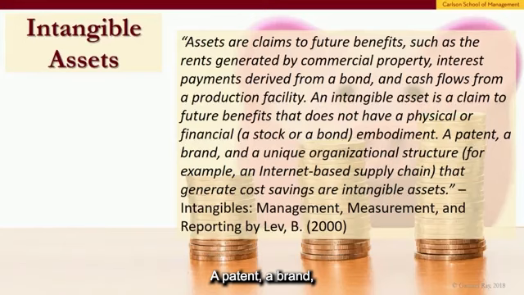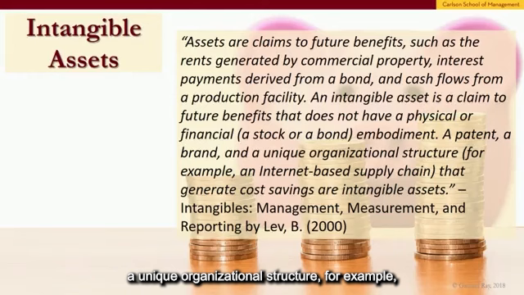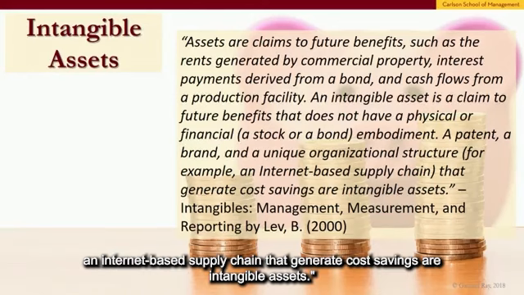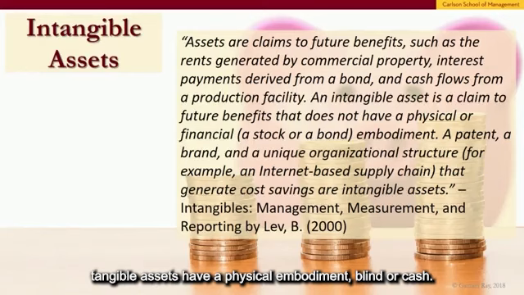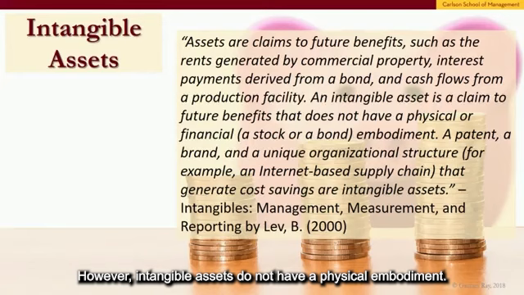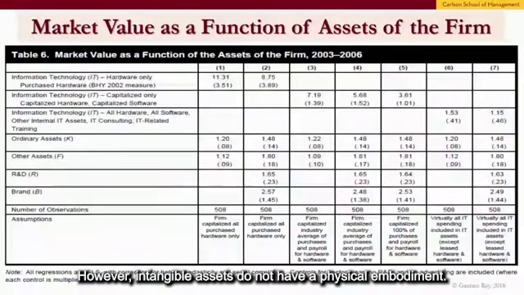A patent, a brand, a unique organizational structure, for example, an internet-based supply chain that generates cost savings, are intangible assets. So, to summarize, physical assets or tangible assets have a physical embodiment, plant or cash. However, intangible assets do not have a physical embodiment.